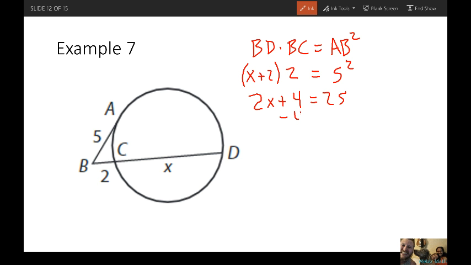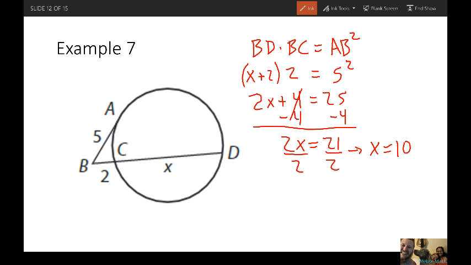Use the subtraction property, and we'll use algebra to figure out the rest. 2x equals 21. Use the division property. We're going to get a decimal answer, probably a point 5. Yes, so x equals 10.5. So that's how we can use the secant tangent.